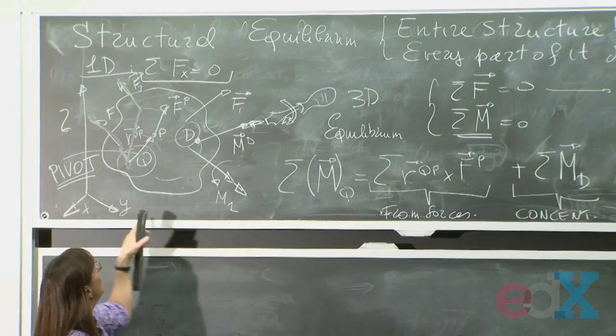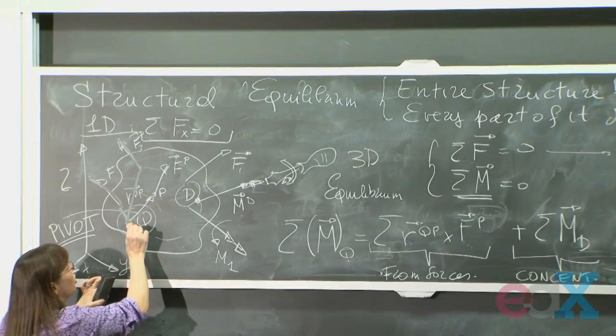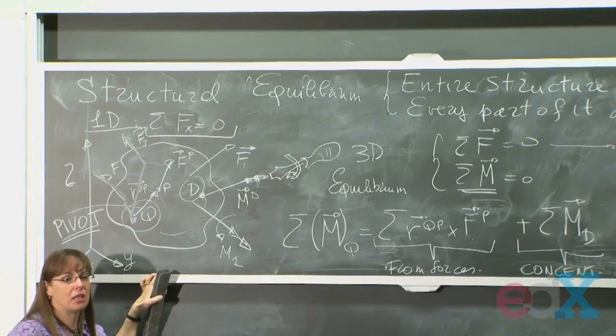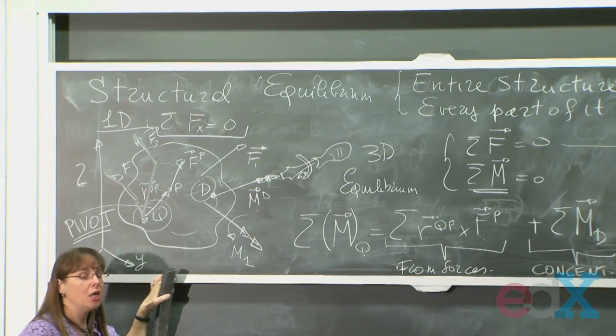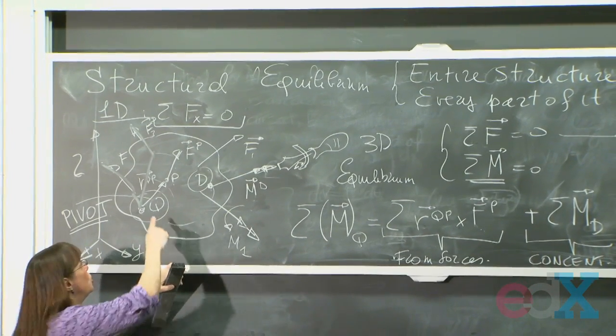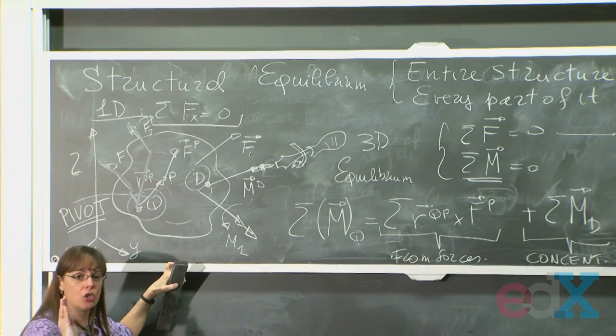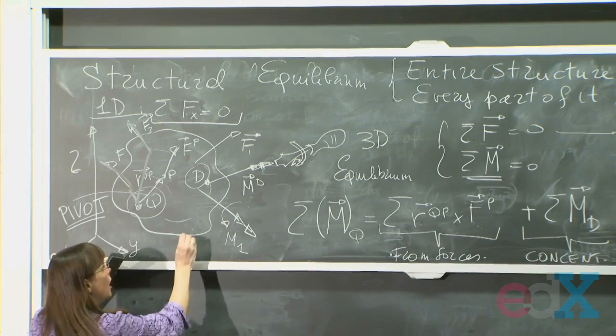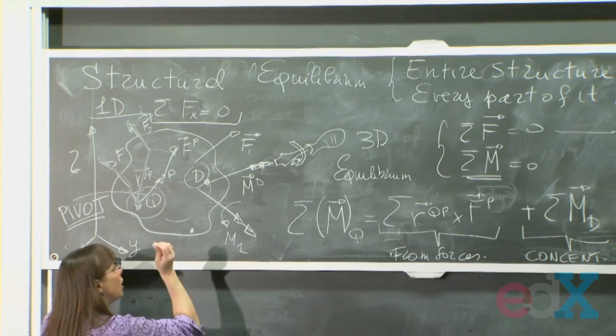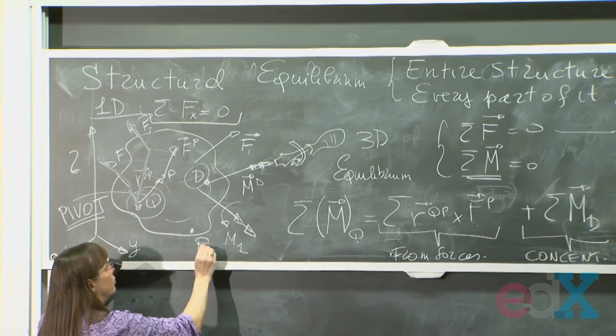What if instead of choosing this point, what is so special about this point Q? The answer is nothing is special with respect to this point Q. Because if you choose this Q, and she comes in and says, I hate your pivot point. I'm going to choose a totally different pivot point. I'm going to choose this pivot point here. I'm going to call it pivot point R. Okay?